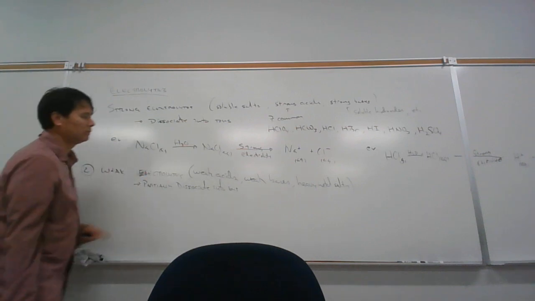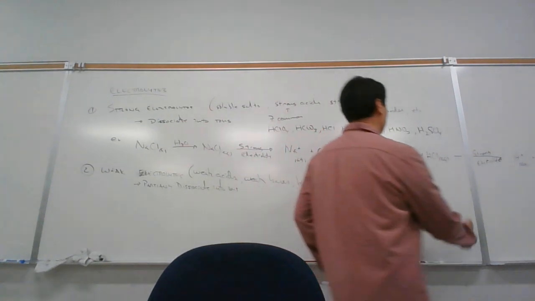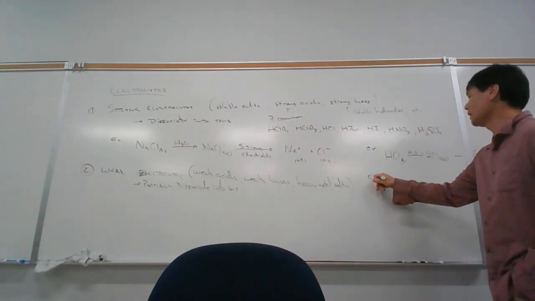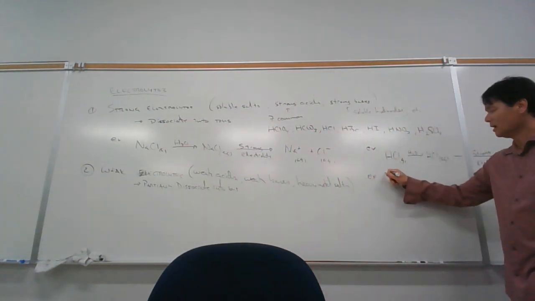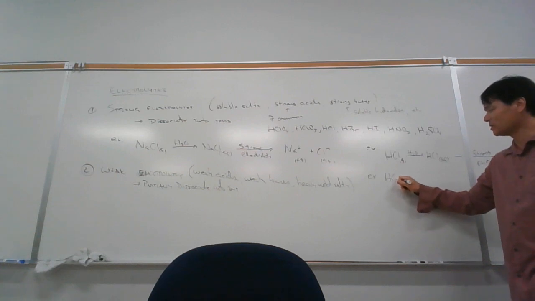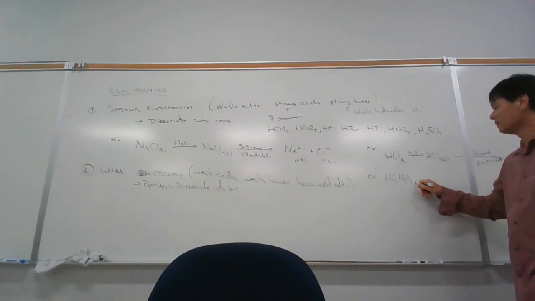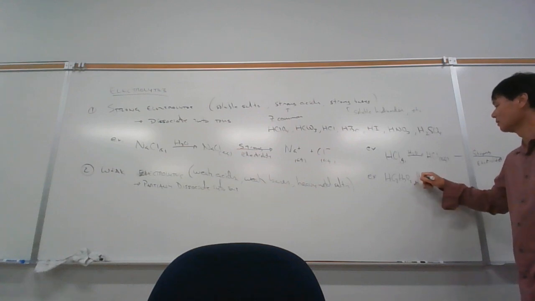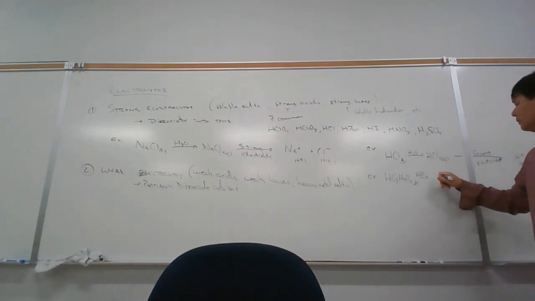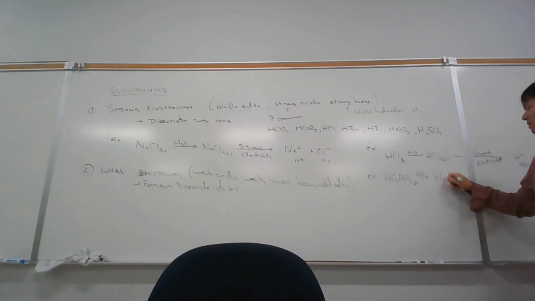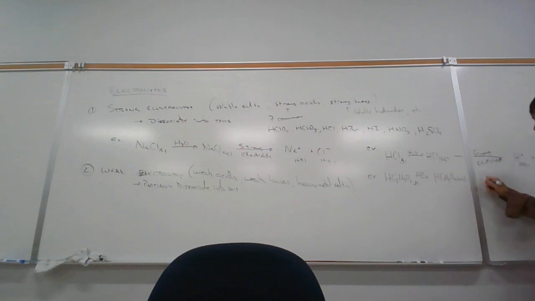So if we compare a strong acid with a weak acid, let's take a weak acid like acetic acid. Acetic acid has the formula HC2H3O2. It's a liquid and it's soluble in water. When we dissolve pure acetic acid in water, we get HC2H3O2 aqueous, and this is a weak electrolyte.